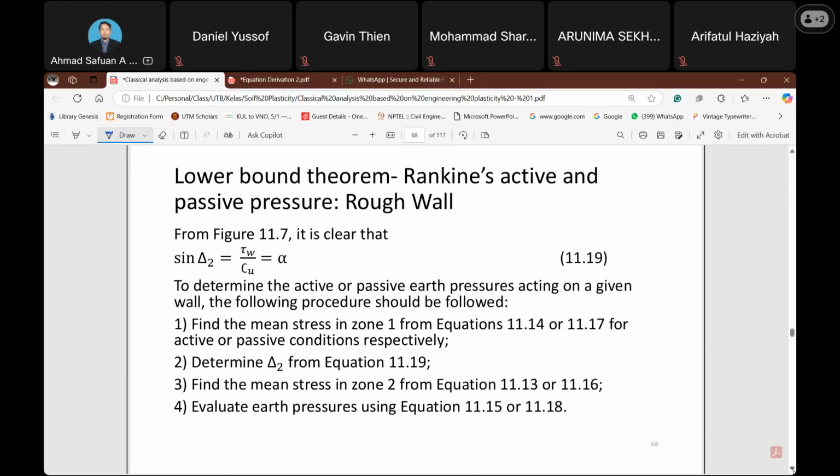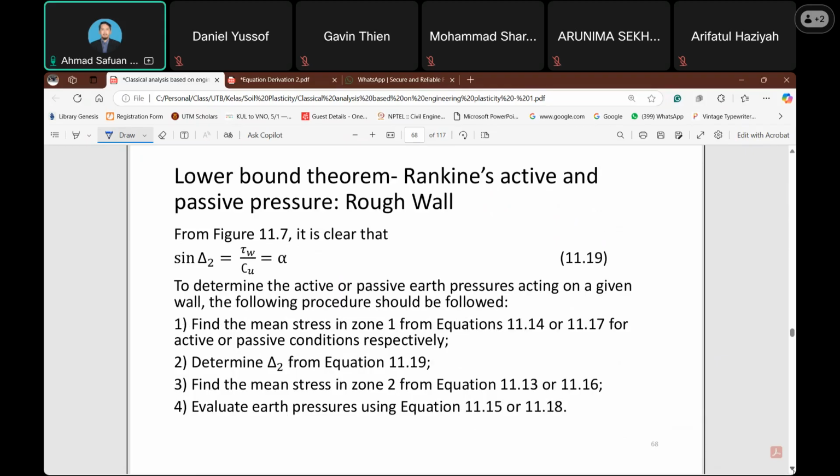From figure 11.7, it is clear that sine delta 2 is equal to tau over Cu or alpha.